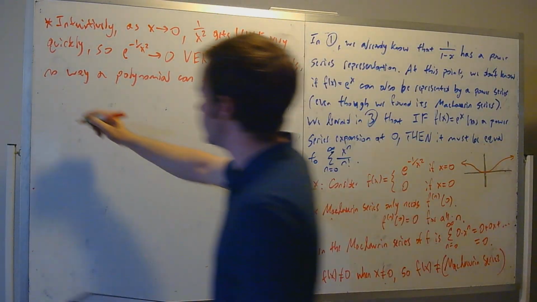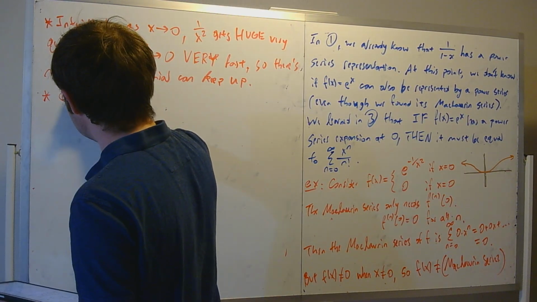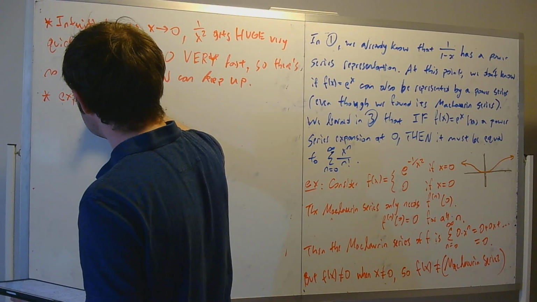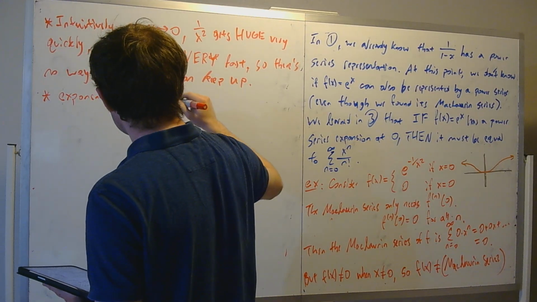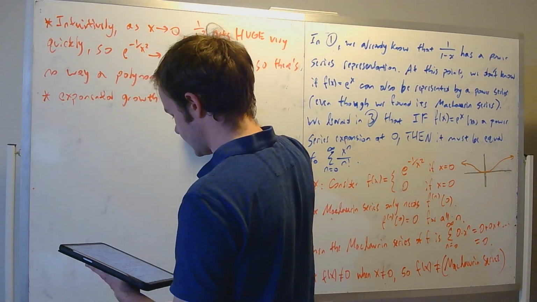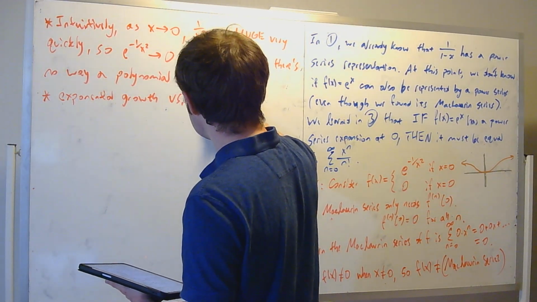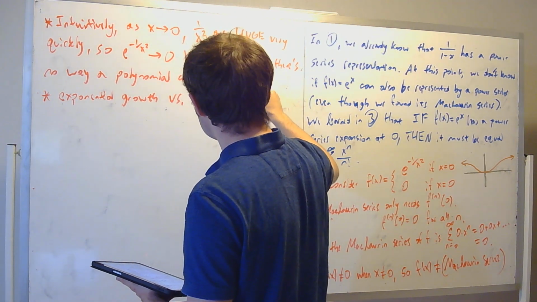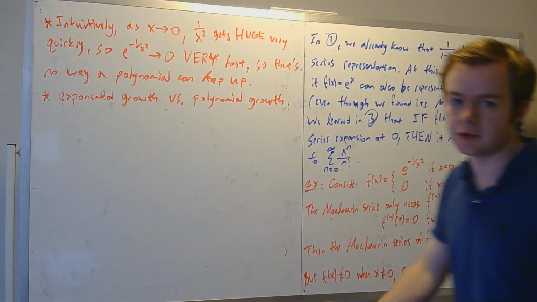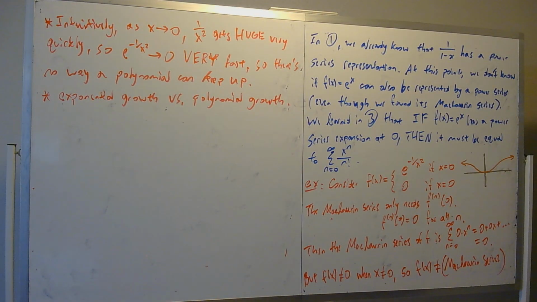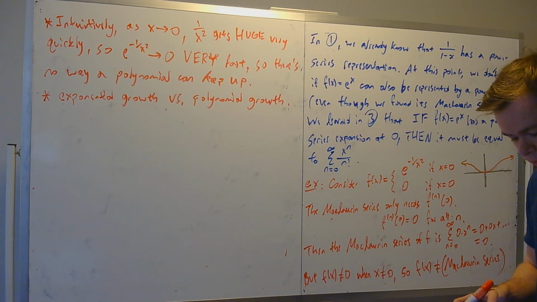And the key here is exponential growth versus polynomial growth. Right, exponentials grow a lot faster than polynomials do. So that's kind of why you would think that it wouldn't make sense if we're actually able to represent this as a power series.